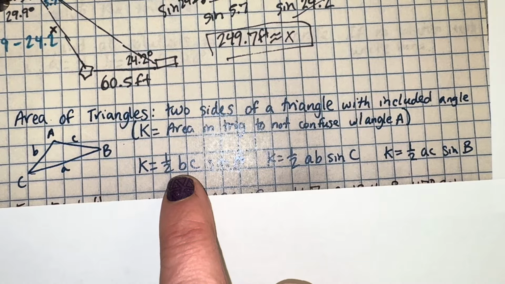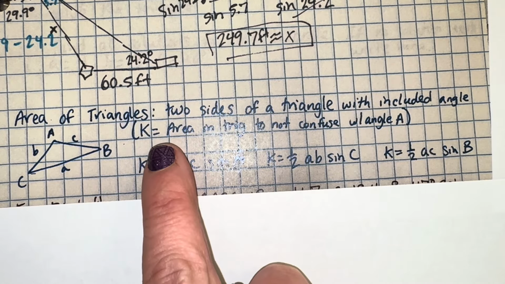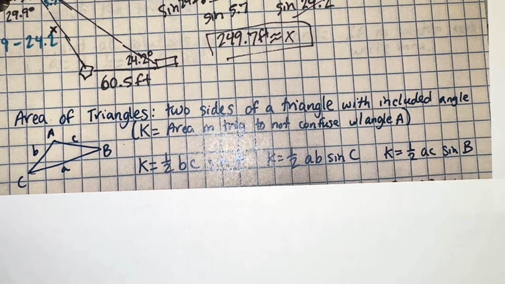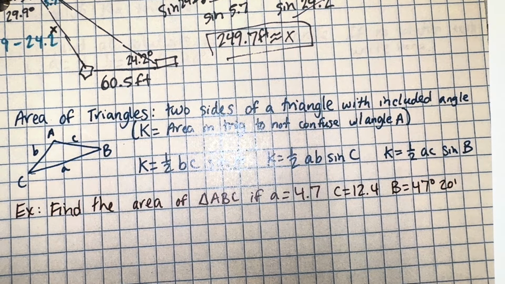So these are the two sides with the angle between it. K stands for area in trig because we use angle A as our angle, and we don't want area, big A, and angle A to be confused. So when you see a K in trig, we're talking about our areas.